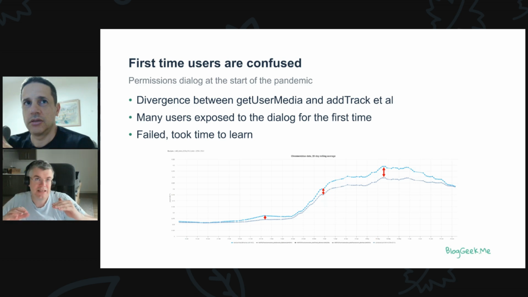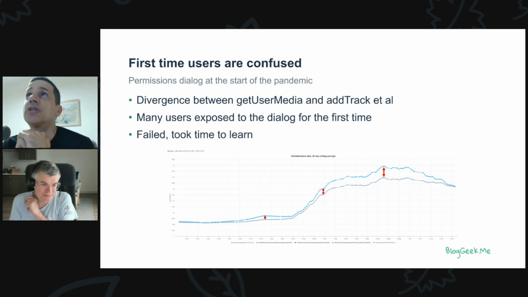We see the API calls to GetUserMedia and the API calls to AddTrack, which were fairly much the same. The assumption is if we called GetUserMedia but didn't call AddTrack, it means that we tried to make a call but failed because the user denied or didn't have access to the camera or whatever.